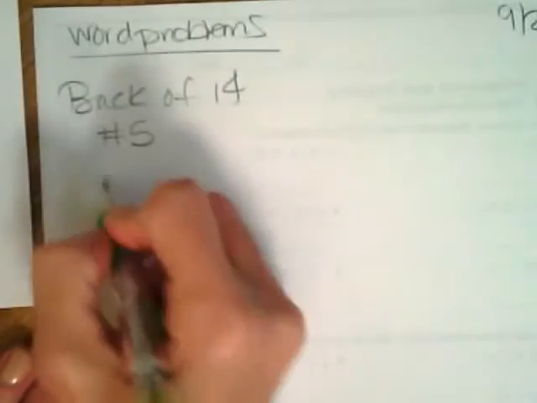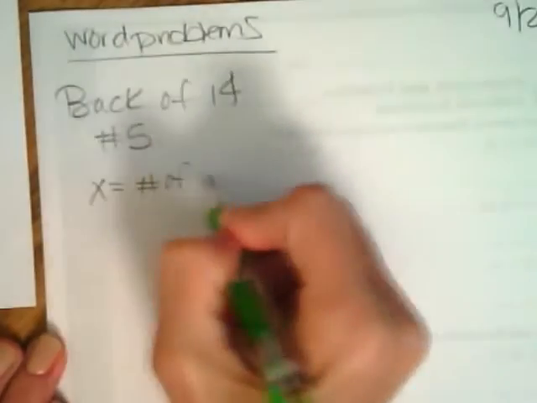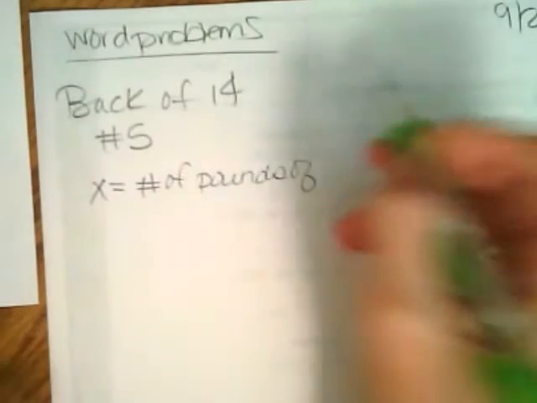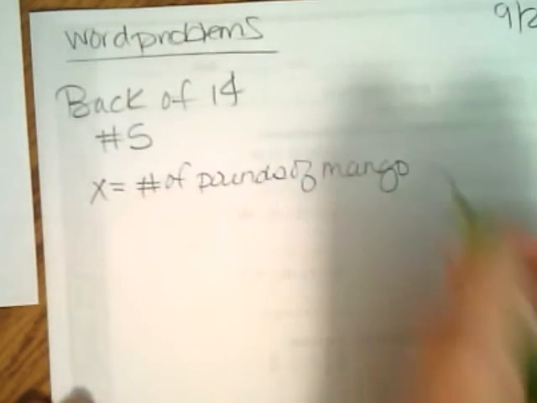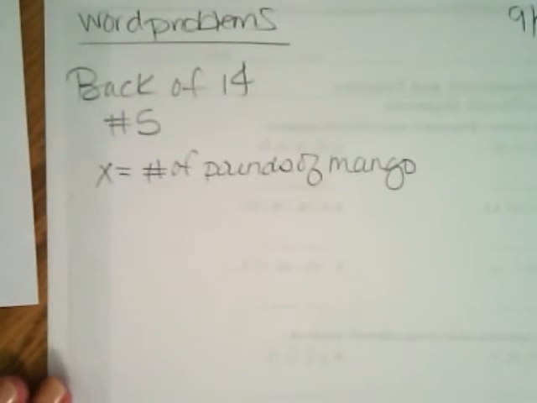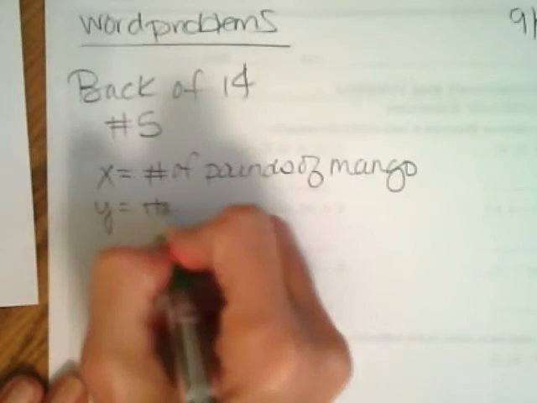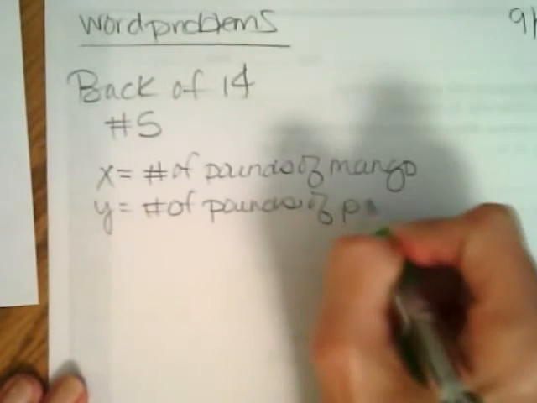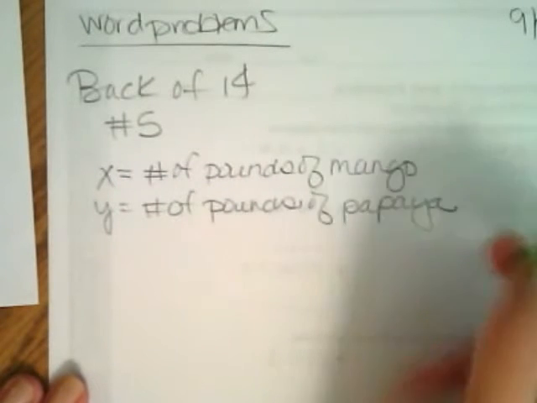Okay, so I'm going to let x equal the number of pounds of mango. As I told you, I always label x my first one. Y is the number of pounds of papaya.